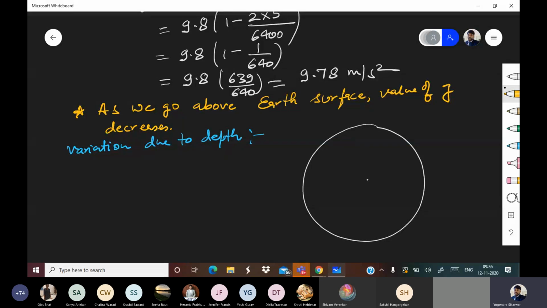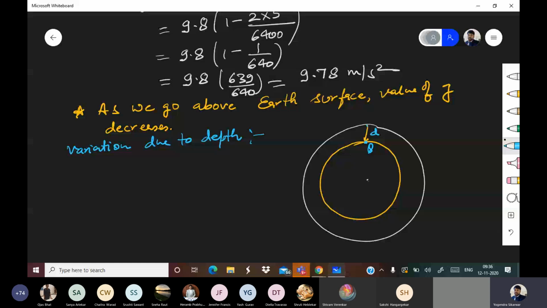So I'm considering a point Q inside, and the depth of that point is d. I'm using d so that you know that this point is inside. H is for height, d is for depth.